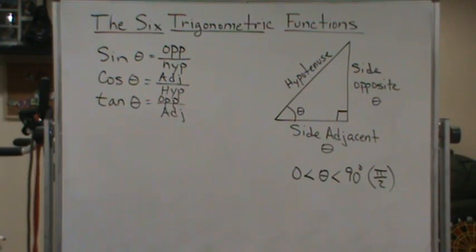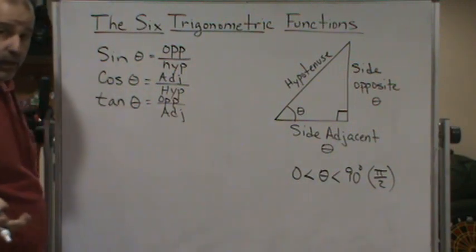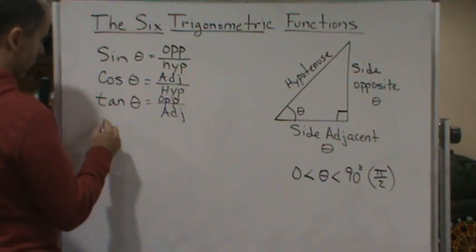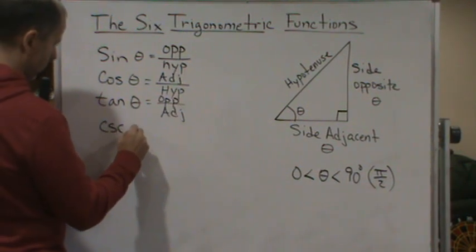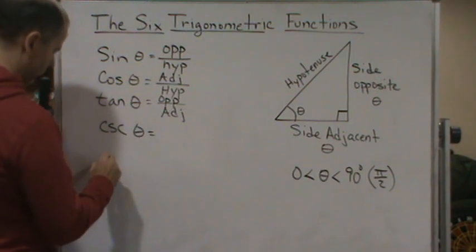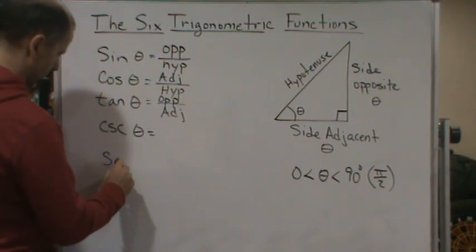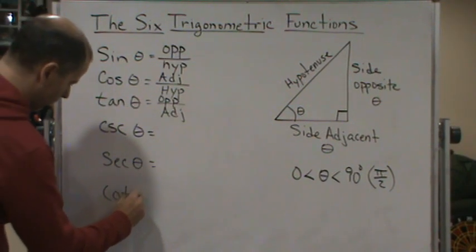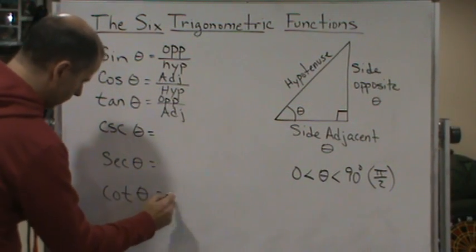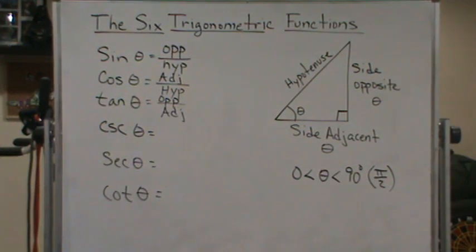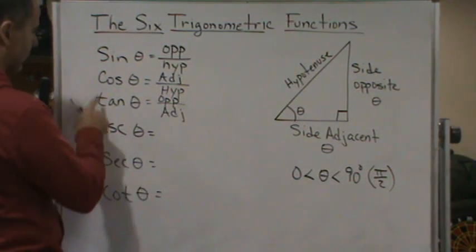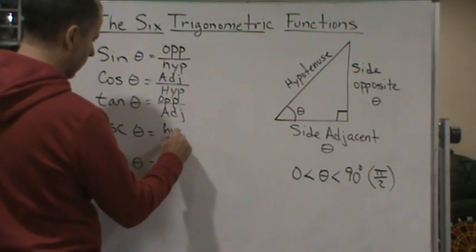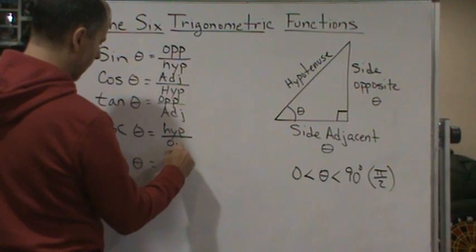Now just realize that the other 3 trigonometric functions are the reciprocals of these. So if I go to cosecant theta, secant theta, and cotangent theta, then cosecant is the reciprocal of sine, so that's going to be what? Hypotenuse over opposite.